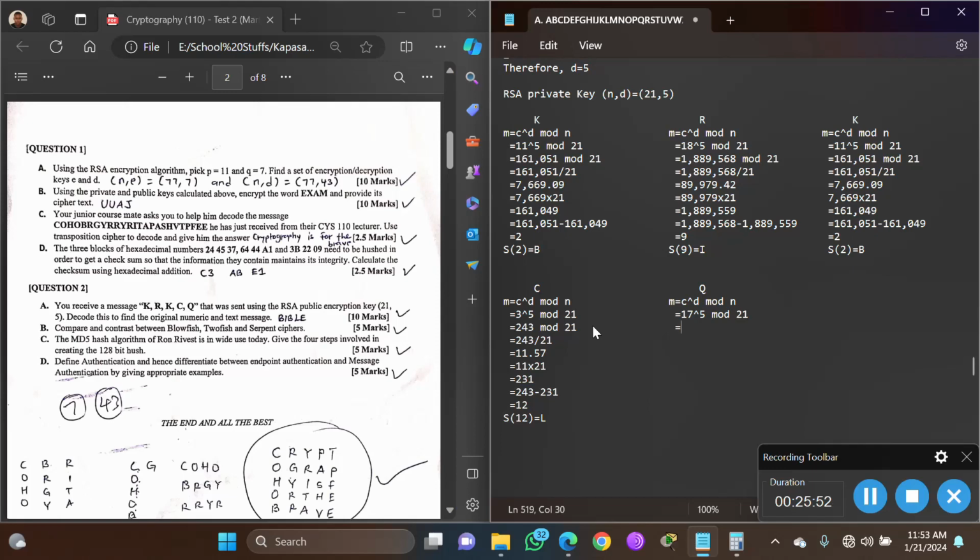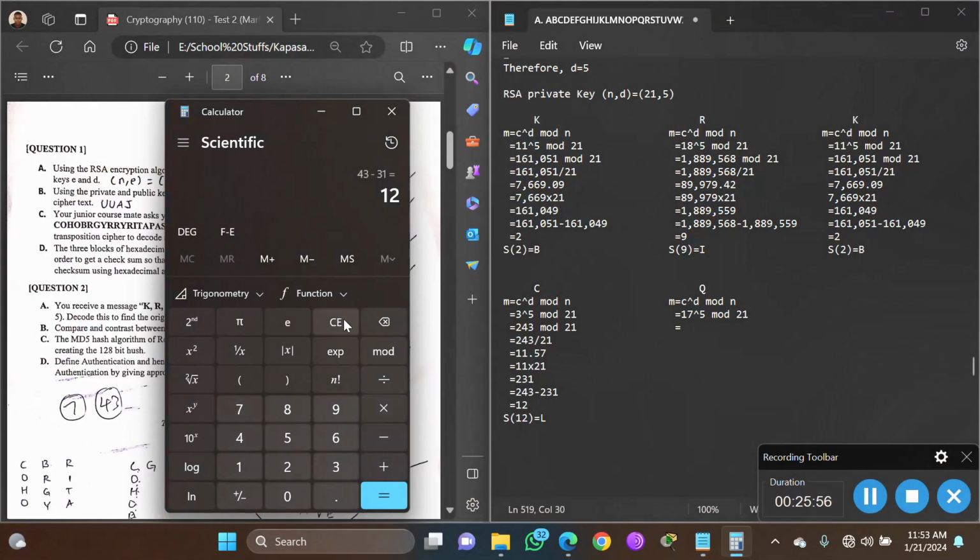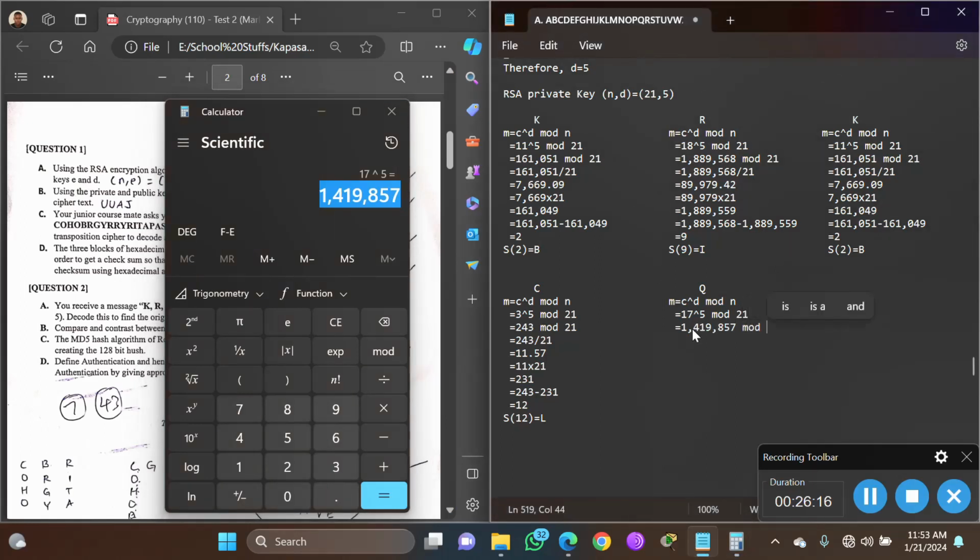So let's open up our calculator. So we have 17 power 5. We copy this answer, paste, then mod 21, which is the same as divide by 21.